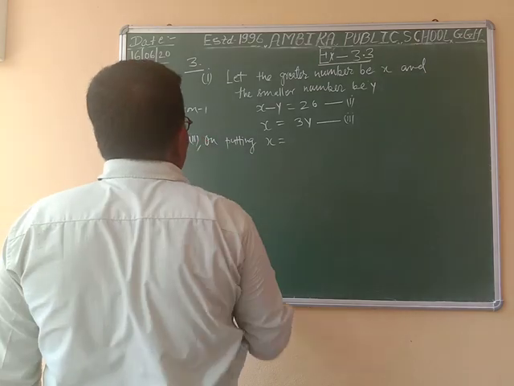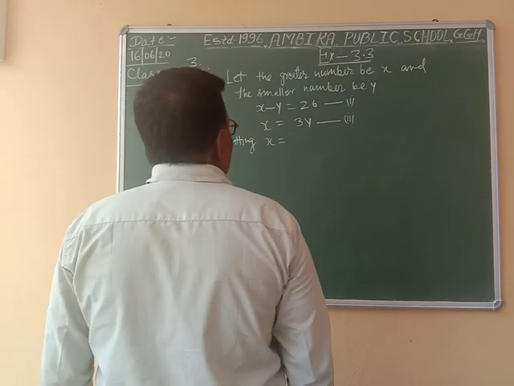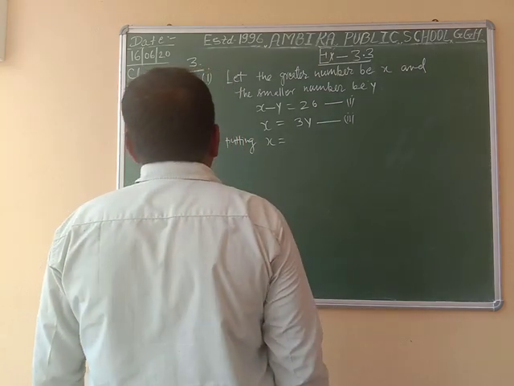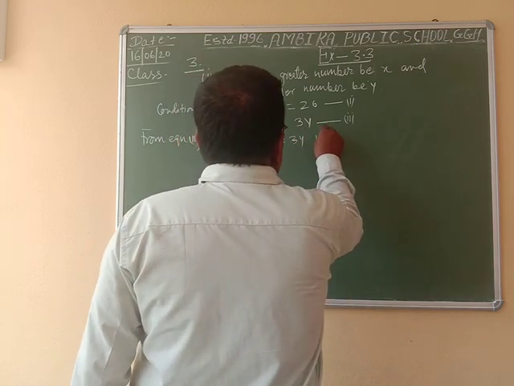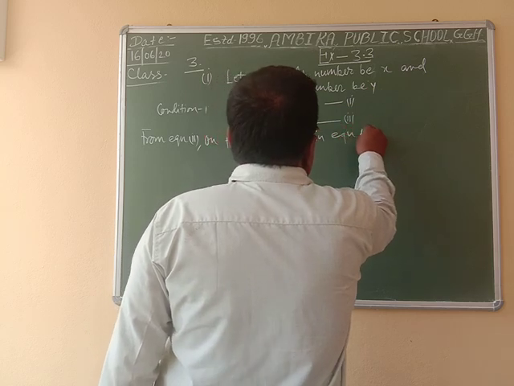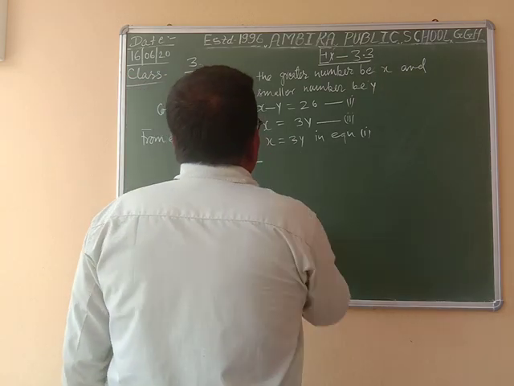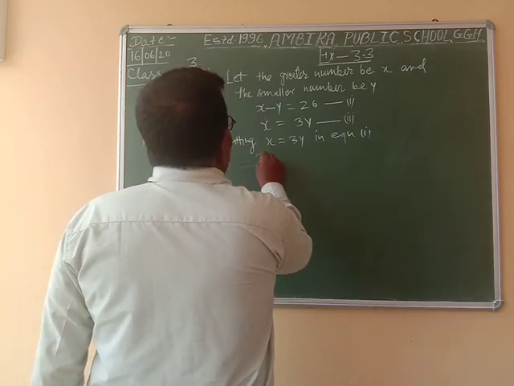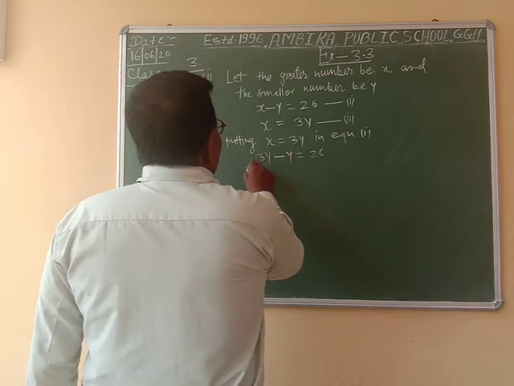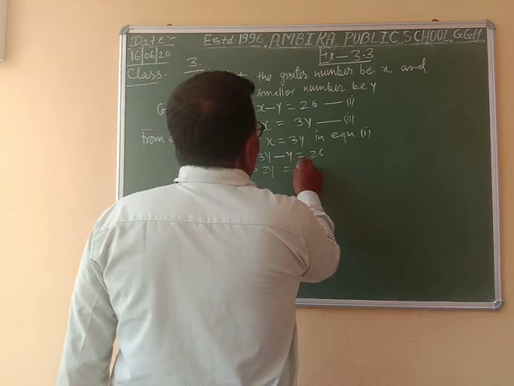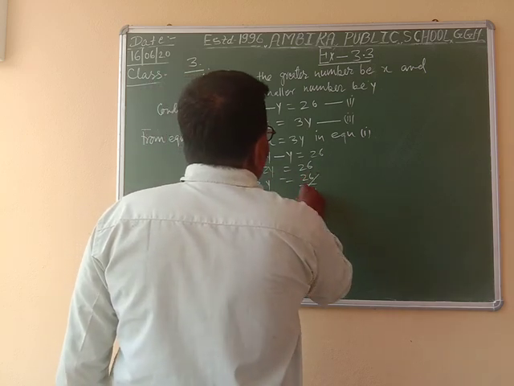From equation 2, I'm putting x is equal to 3y in equation 1. In equation 1, 3y minus y is equal to 26. So 2y is equal to 26. So y is equal to 26 by 2, which is equal to 13.